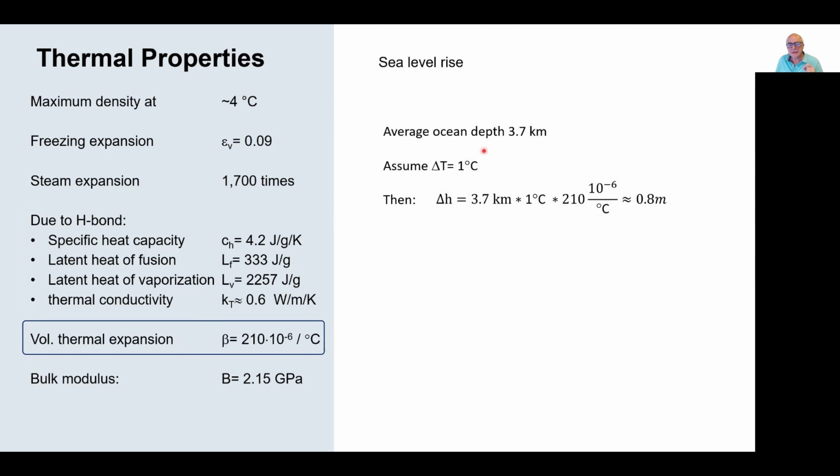And imagine now that we increase the temperature of the ocean, which is 3.7 kilometers deep by 1 degree Celsius, it will experience a sea level rise of 0.8 meters. In fact, this is a very important component of sea level rise. It's not just the melting of the Arctic and Antarctic Sea, is the warming up of the ocean and the expansion of the water.